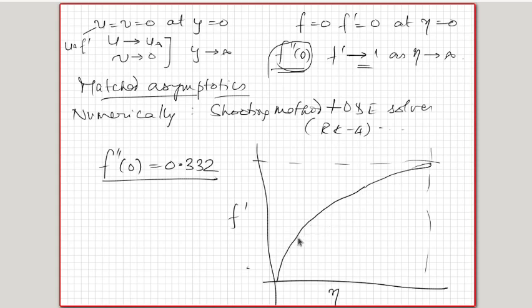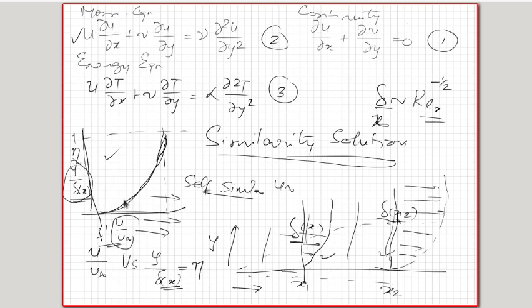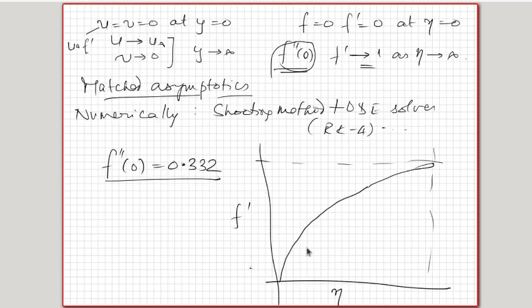So this is the profile that you'll get. This is basically the same as this way, except that I have swapped the XY axes. So this is how the f prime versus eta plot comes, and the gradient here, f double prime at 0, gives me this.